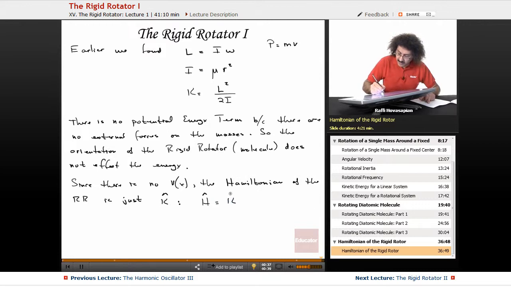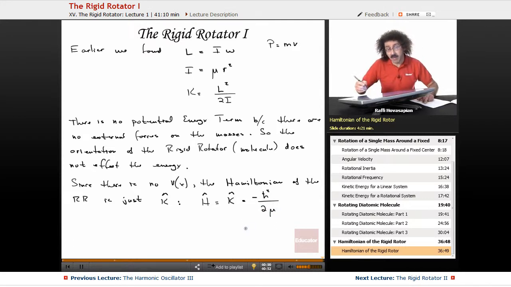So we have the Hamiltonian is the kinetic energy operator, which is going to equal, remember, minus h bar over 2m, but now it's twice the reduced mass, and then, of course, delta squared.